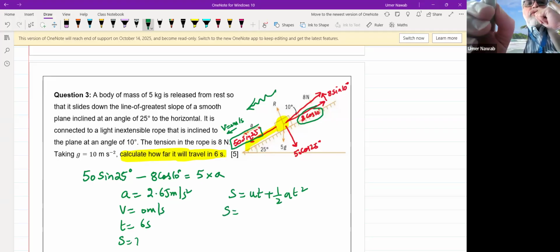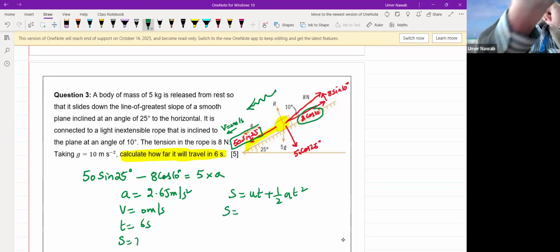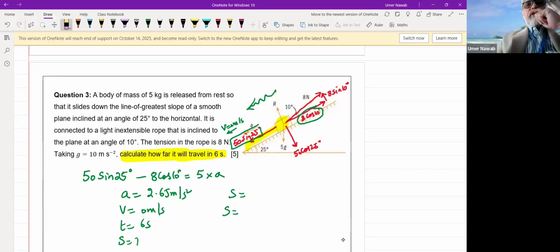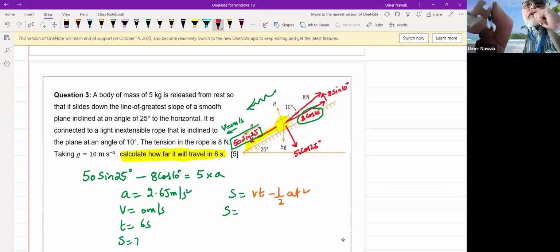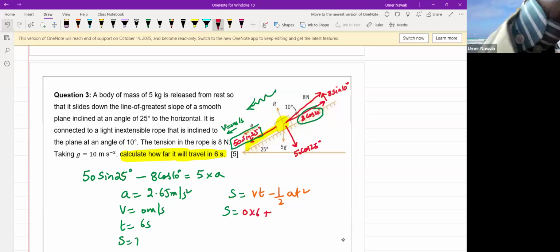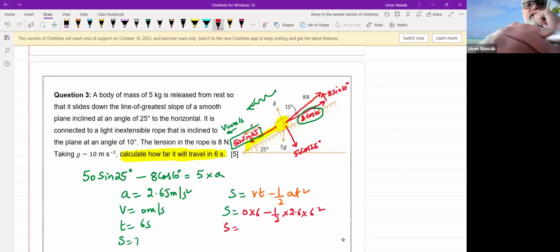But u we cannot use. We need to write it with Vt, as the final velocity is known. Vt minus, and this is not provided in the formula sheet. So V0 times t, 6, minus half, acceleration is 2.6 and the time is 6 squared. So let me try to calculate the S.